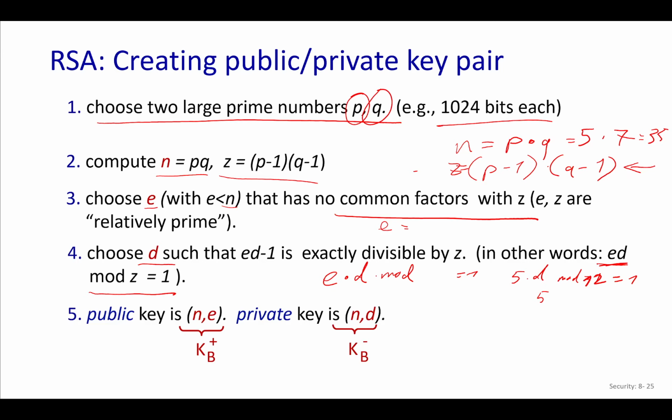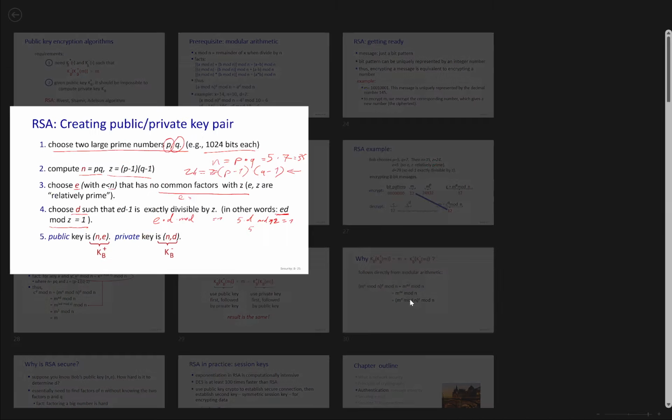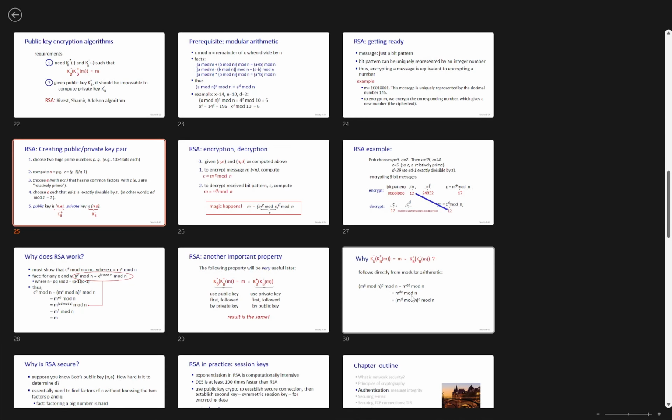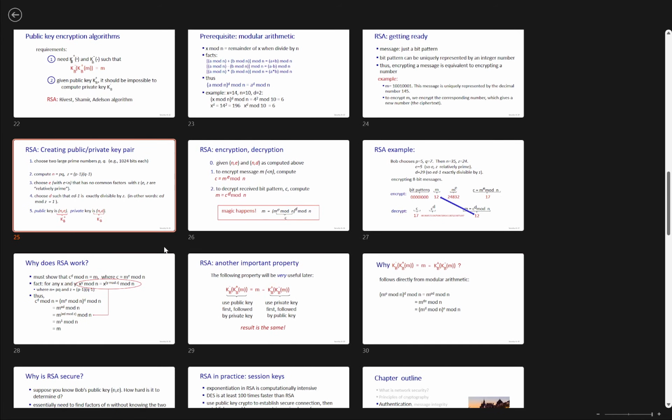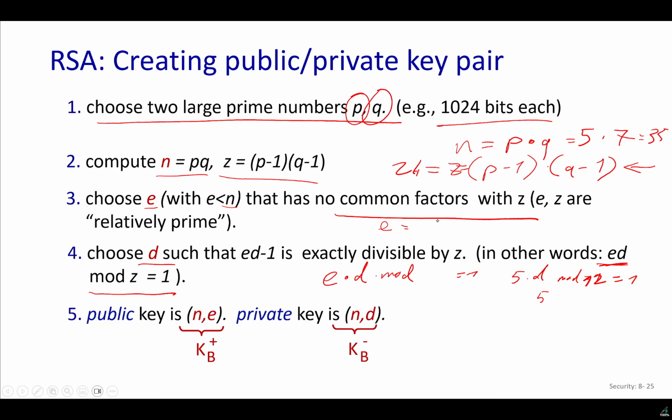Then z would be 4 times 6, that's 24. Then we take e equals 5. Up to now it's fine.